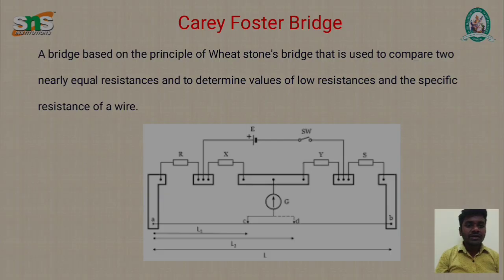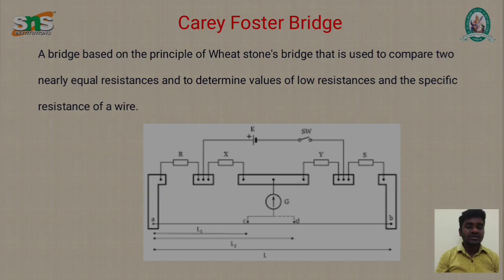So in this diagram, four resistors are connected: R, X, Y, Z. In between R and X, we have connected the EMF, that is the battery. Then a switch is connected in the negative of the battery, and the other end of the switch is connected in between the resistance Y and S. And A and B are there.